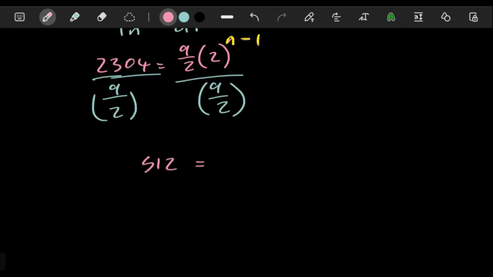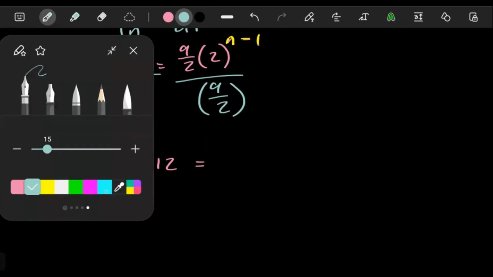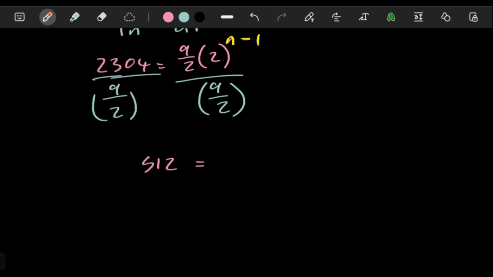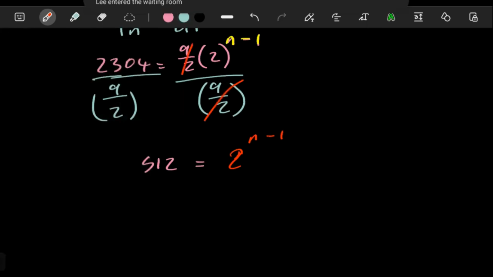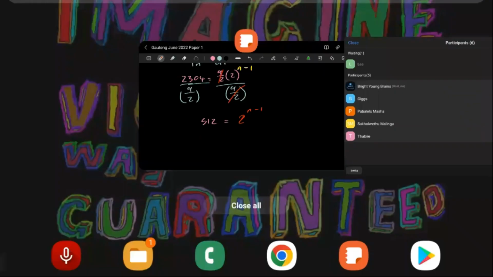And then on the right hand side, these cancel each other out, and you have 2 to the power of n minus 1. So moving on from here.